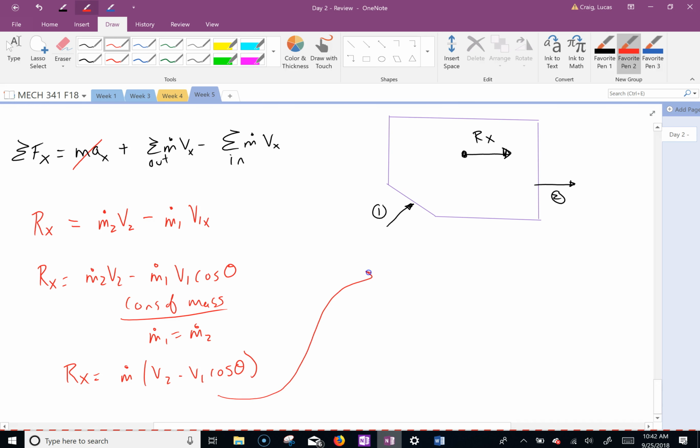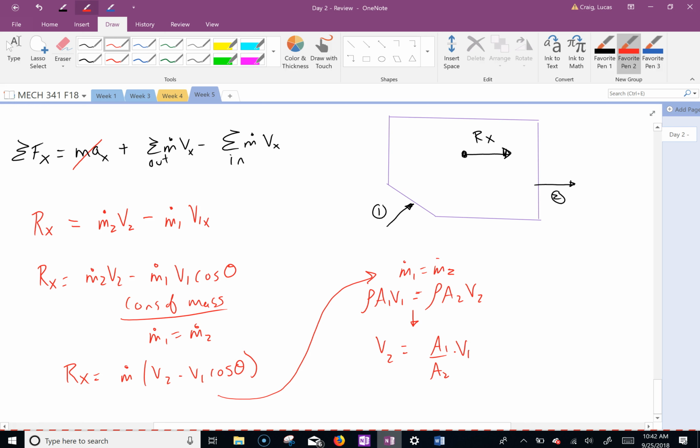Now, there is something that you can do, is you can state that m dot 1 equals m dot 2, like we said. This is rho A1 V1 equals rho A2 V2. And what I can do is I can solve for V2 in terms of the areas and V1.